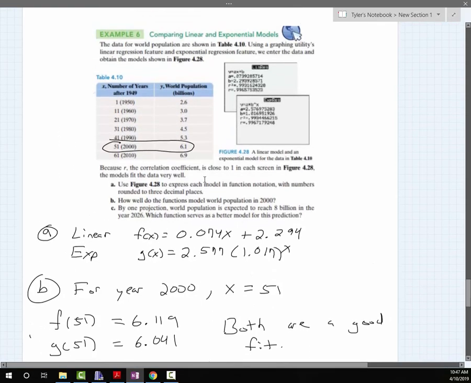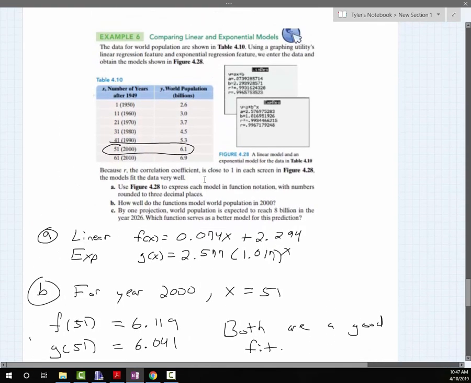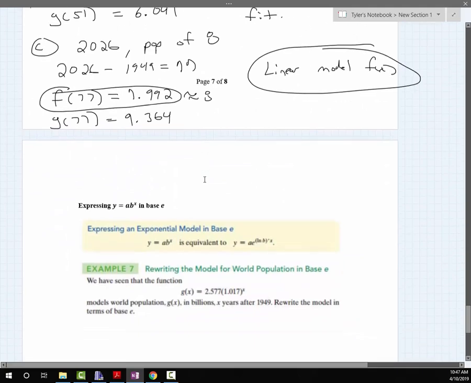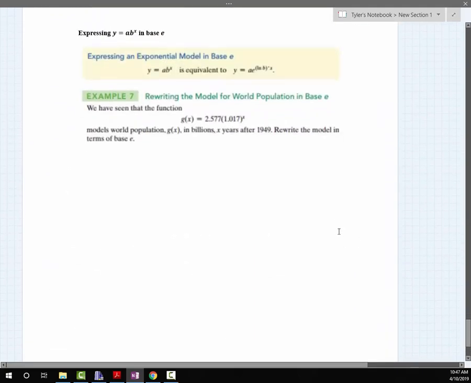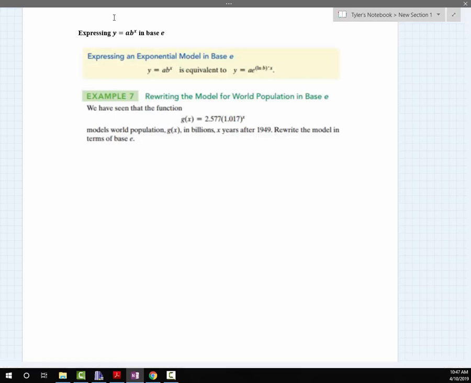All right, so hopefully that example makes more sense now. So now the last type of problem that we want to look at is being able to express something in the form y equals a times b to the x, but represent it in base e.